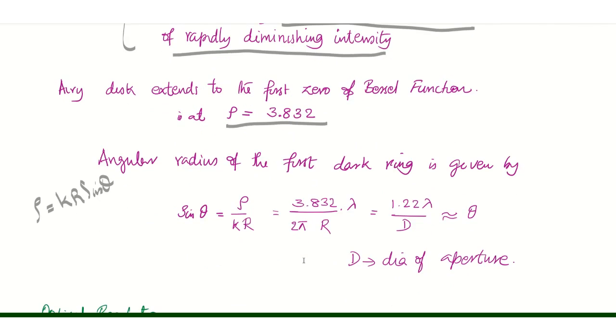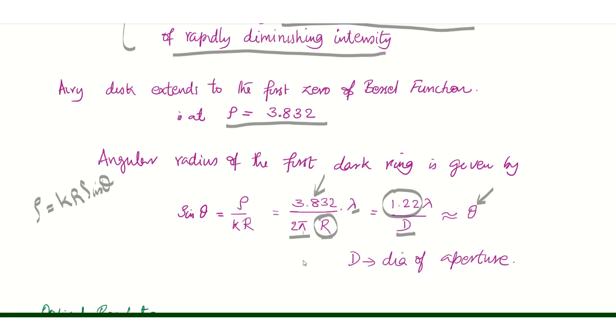The value of 3.832 divided by k, which is 2 pi by lambda, and r. If you give 2 to the r, that becomes the diameter, and 3.832 divided by pi will give you 1.22, and that is for small theta, theta.